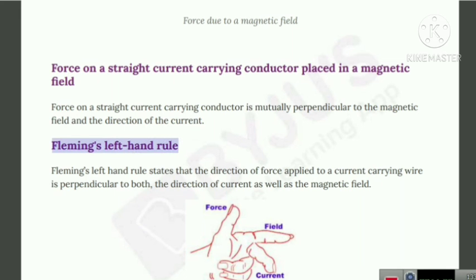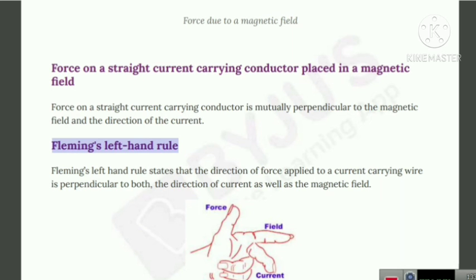When we are telling the direction of the force and about electric current, this same thing we can explain with Fleming's left hand rule also, because according to this experiment we have told that the force on a straight current carrying conductor is mutually perpendicular to the magnetic field and the direction of the current. That is, the force which is produced depends on the magnetic field lines.